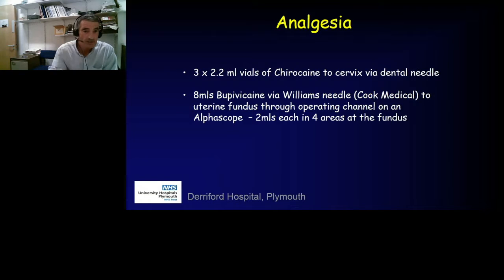The analgesia regime within the setting: we put a Cusco speculum in, have a look at the cervix, and then use tyrocane into the cervix with a dental needle. And we use 3 vials of that. Each vial is about 2.2 mils, and I put that into about 6 places on the cervix.